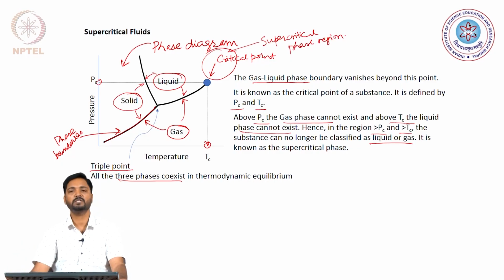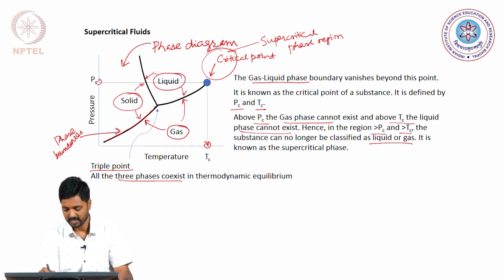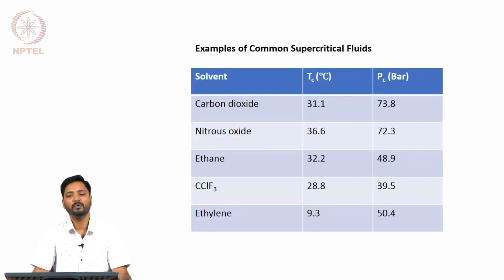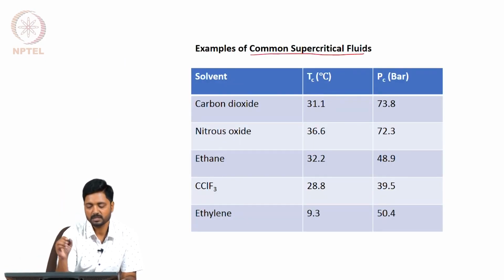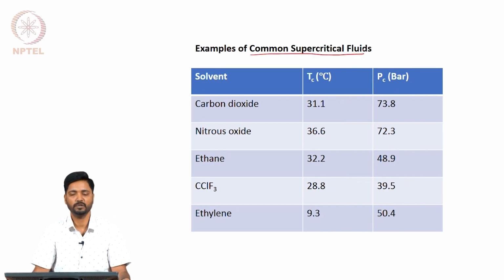So, in this region our substance cannot be classified as either liquid or gas. It will have properties that will be intermediate of both gases and liquids, and that becomes very advantageous for us in the chromatographic separations. So, before that, let us look at some examples of what are considered as common supercritical fluids or compounds or substances that can be readily converted into a supercritical phase.